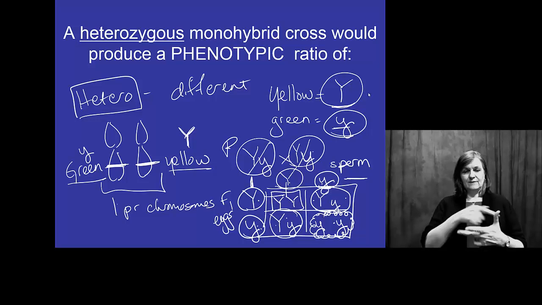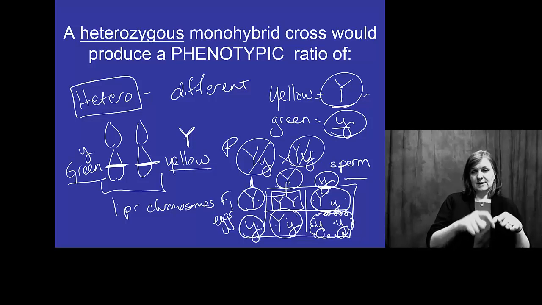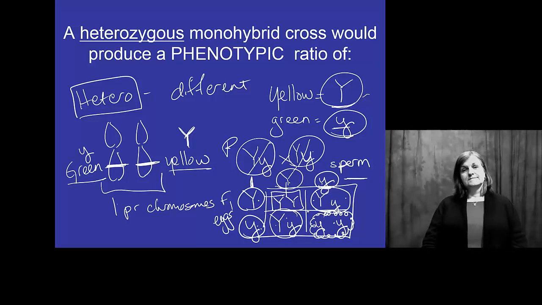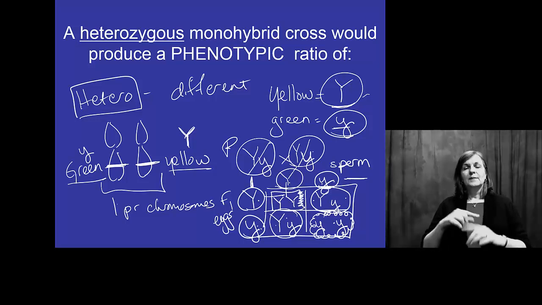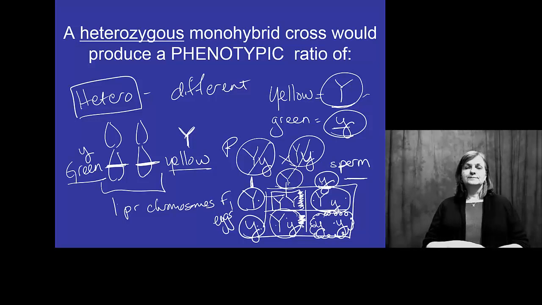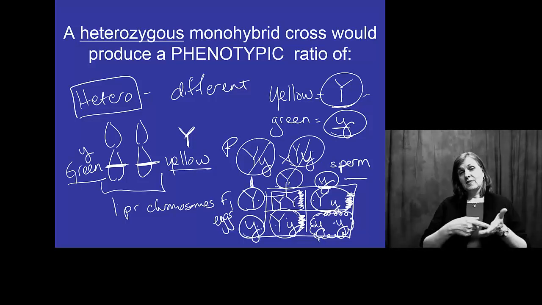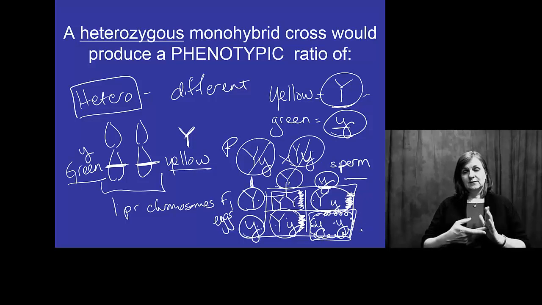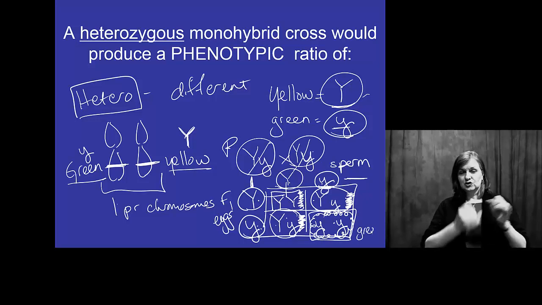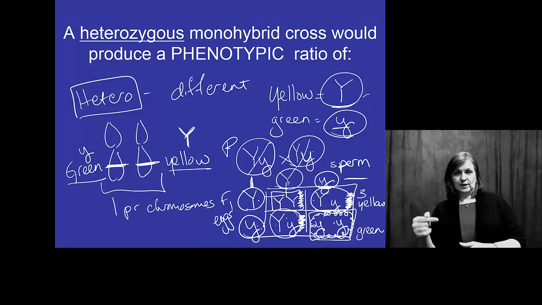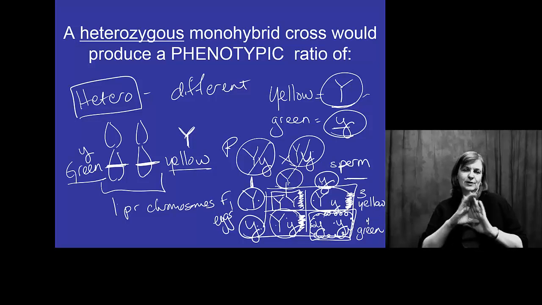We said if you are big Y and showing big Y, you're going to be yellow, right? So these are going to be yellow, these are going to be yellow, and these are going to be yellow. What's this one going to be? Green, right? So you are getting 3 yellow and 1 green. Make sense to you?